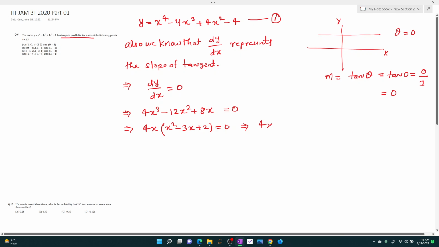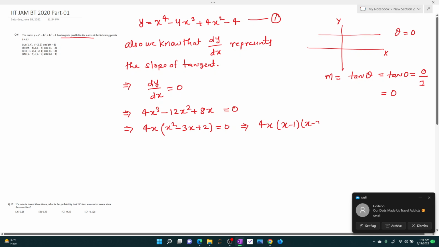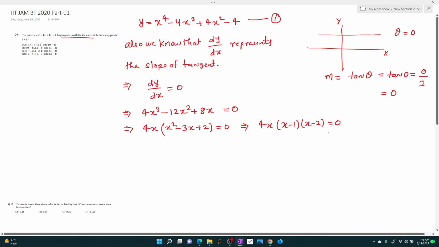This can be rewritten as 4x into x minus 1, x minus 2 equals 0. This gives the points x equals 0, x equals 1, and x equals 2.